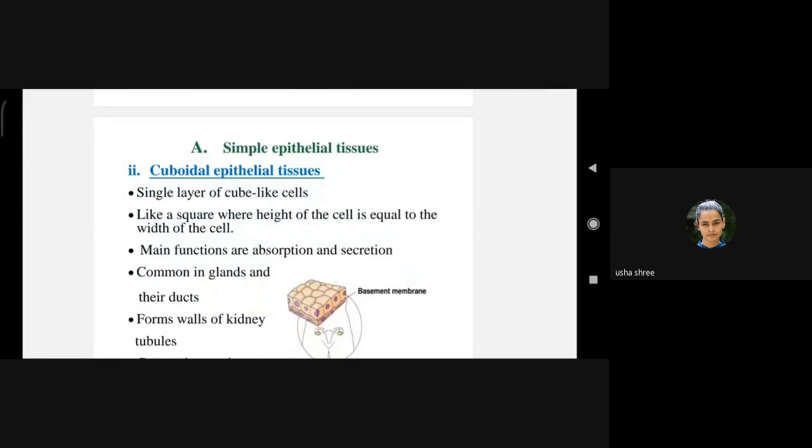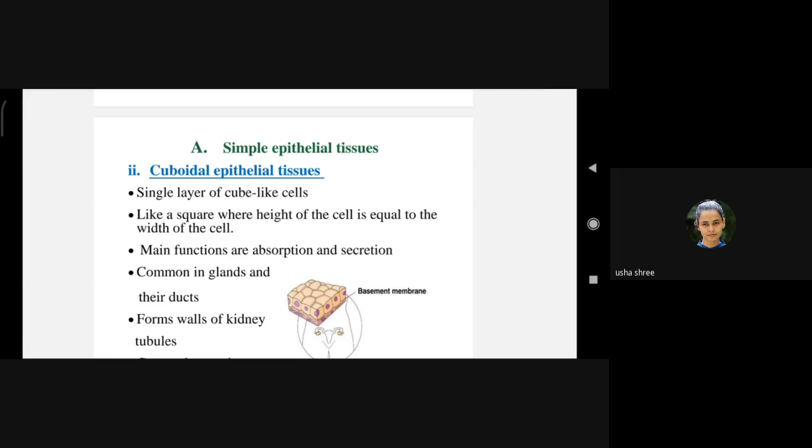Next is cuboidal epithelium tissue. It is also single layered, but the difference is that squamous epithelium is single layered but flat, whereas cuboidal epithelium is single layered but cuboidal in shape, like a square, where the height of the cell is equal to the width of the cell. Main functions are absorption and secretion, and it is common in glands and their ducts.